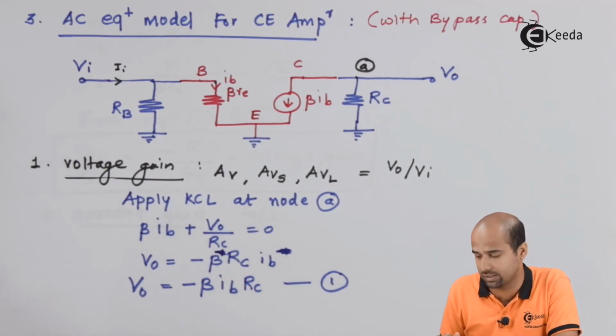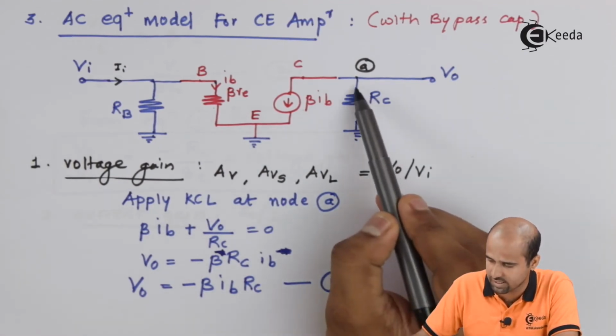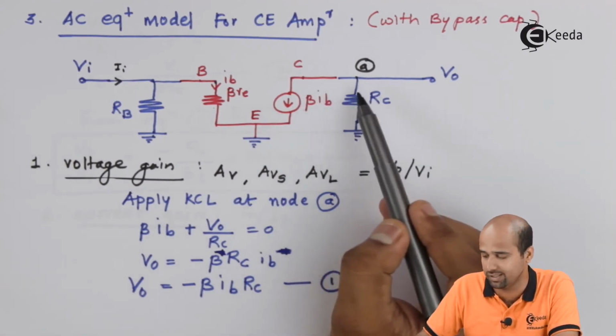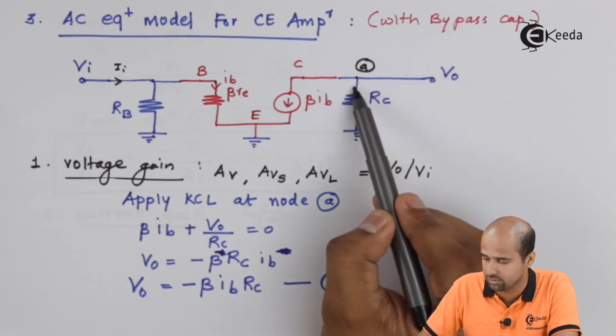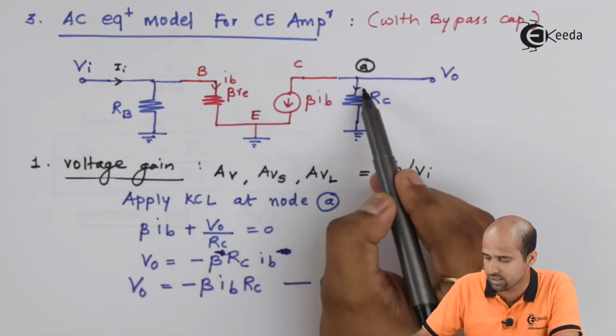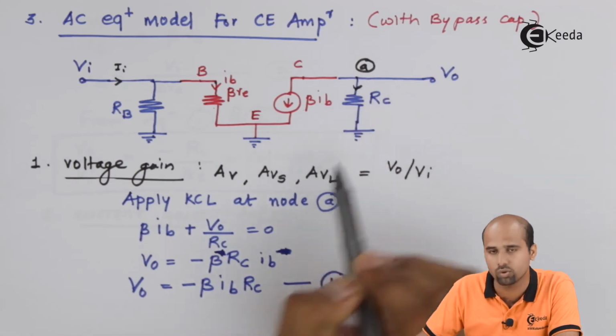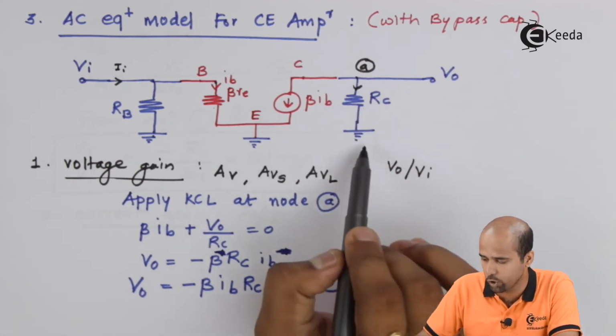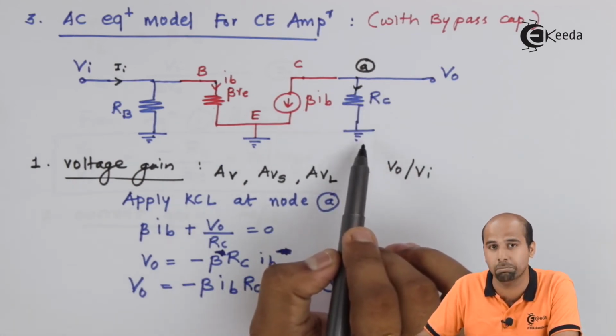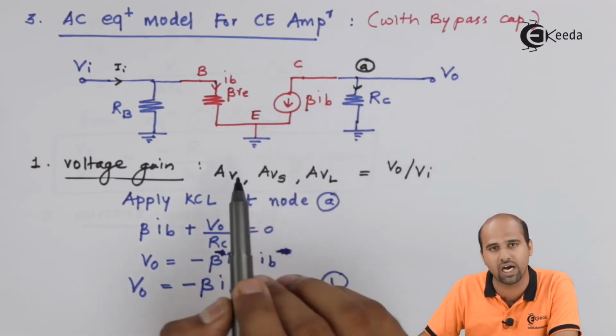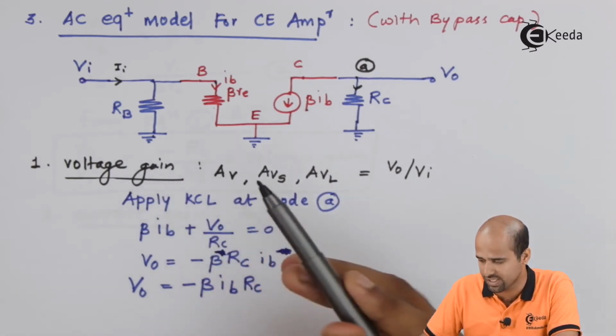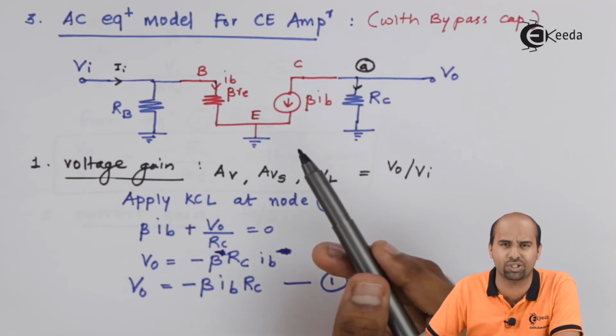So I know that the value of this output current is nothing but this, that is current flowing through RC, and this current flowing through RC is exactly minus of beta into IB. And now this IB is acting as an agent, a middleman.